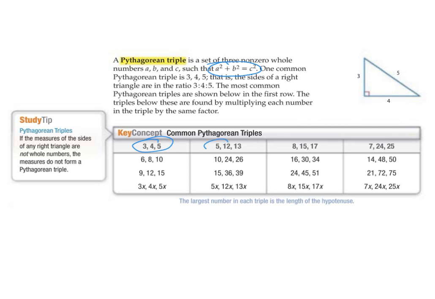So these are just famous Pythagorean triples that if I see them, I can quickly recognize that they do belong and would apply to the Pythagorean theorem. And you really don't need to memorize them. It just would become useful after seeing so many of them to recognize when something is part of the Pythagorean theorem, and that way you don't actually have to do the work.